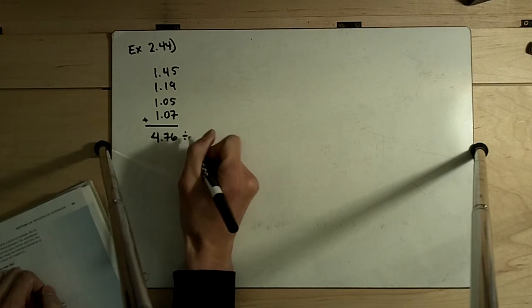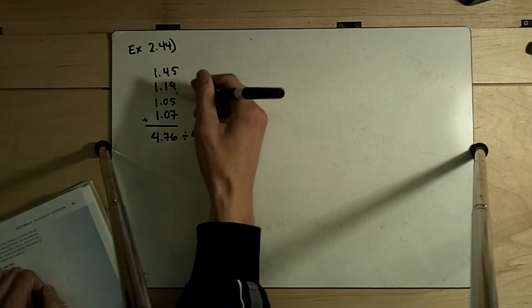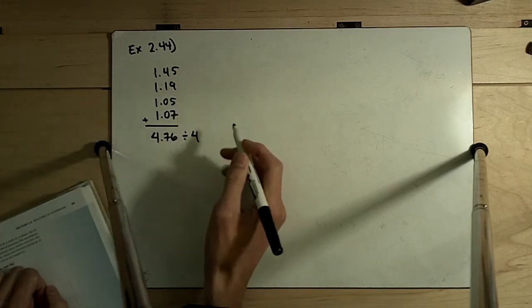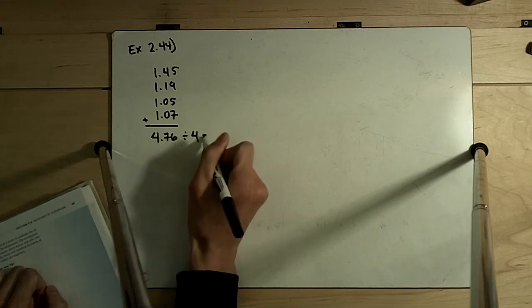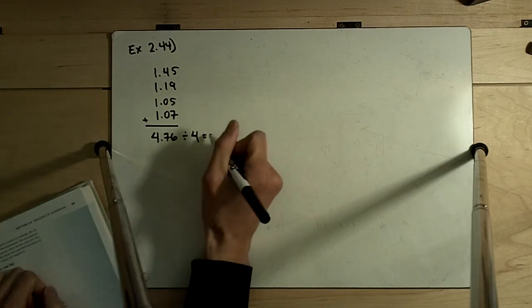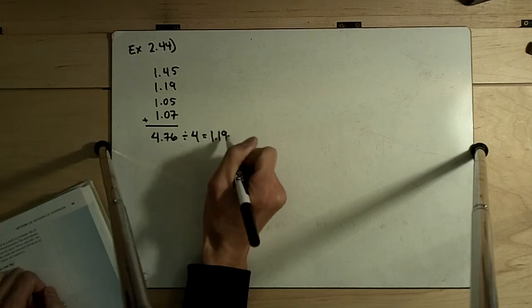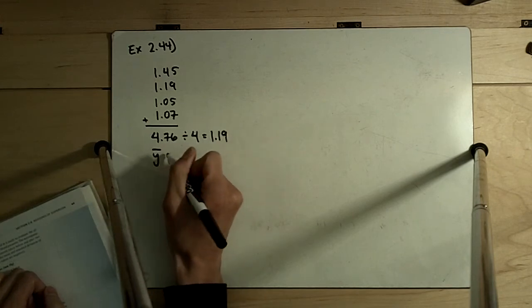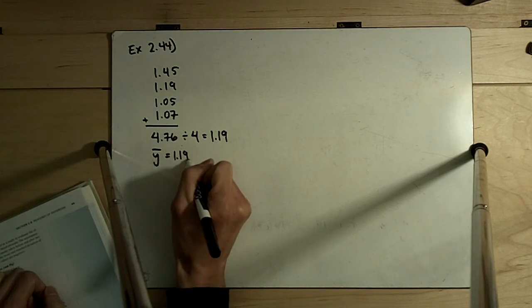And then we divide by the number that we have. We've got four numbers, so we divide by 4, and we get the mean to be equal to 1.19. So y bar is equal to 1.19.